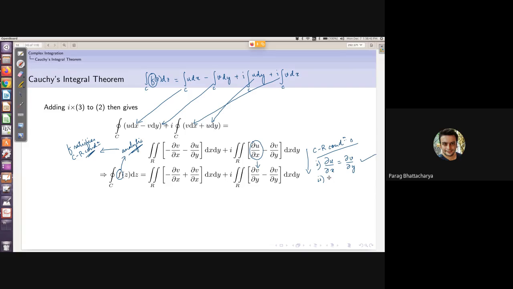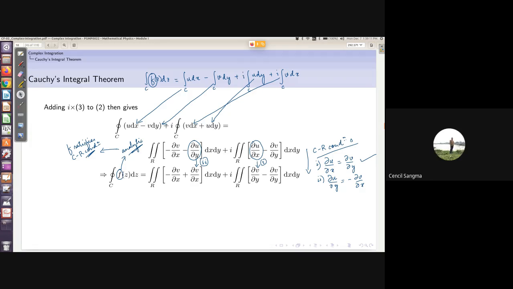The second one is dou u by dou y is equal to minus dou v by dou x. So this is Cauchy-Riemann condition 1, and this is Cauchy-Riemann condition 2. We use these two here. Then because of this minus sign, this minus is going to become plus. Is this clear to everyone?